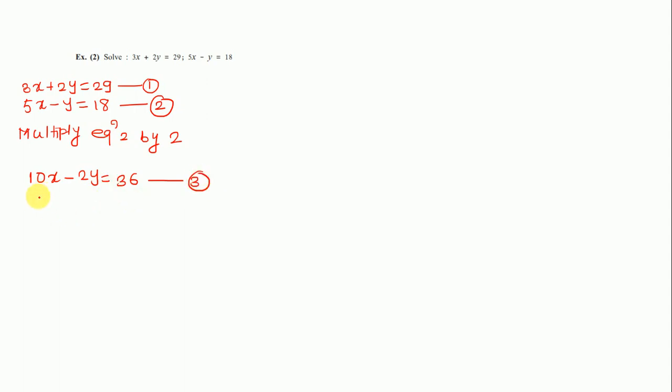And what is the first equation? That is 3x plus 2y, which is equal to 29. This is the first equation. Now we can add these two equations.